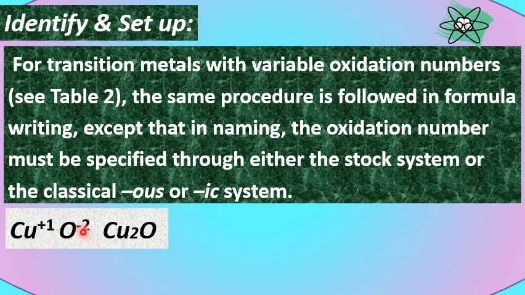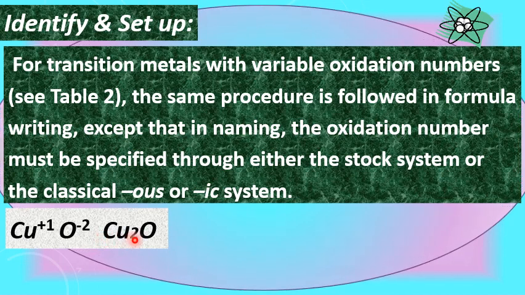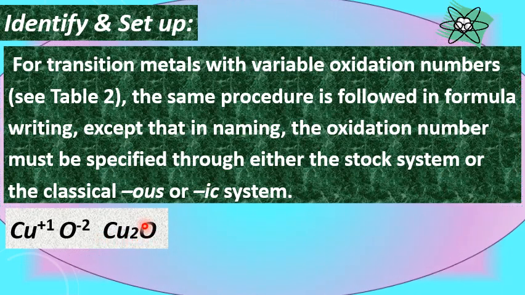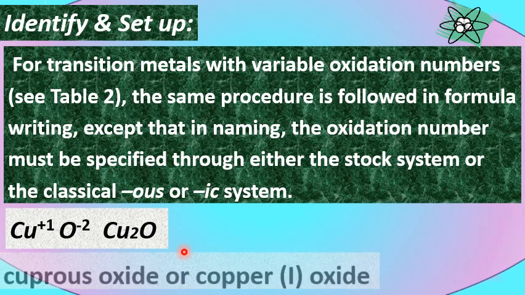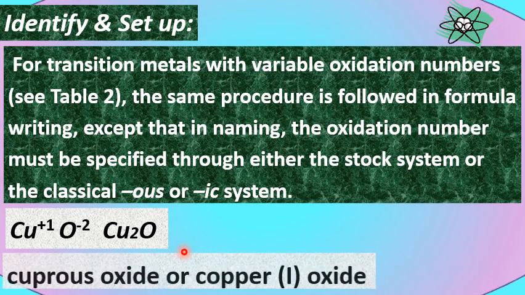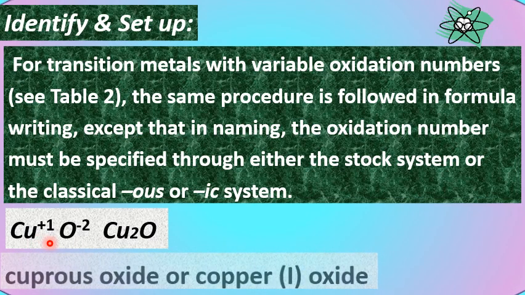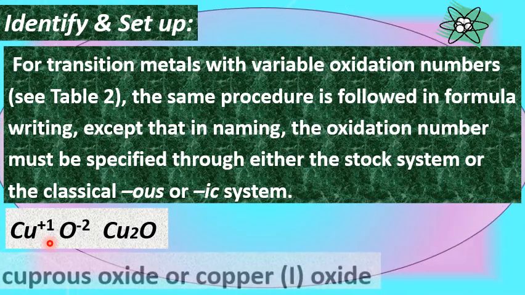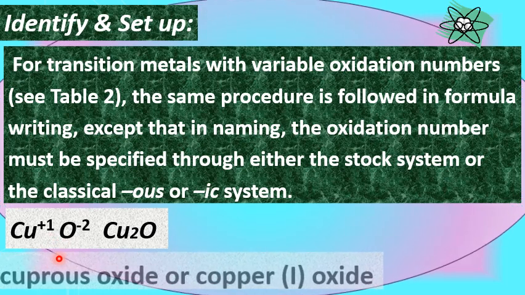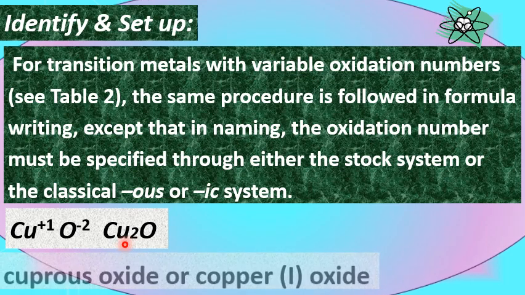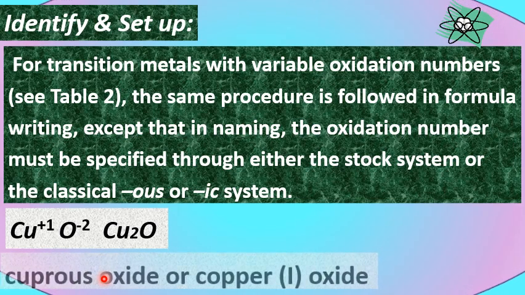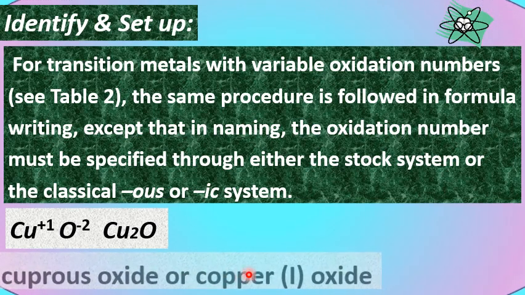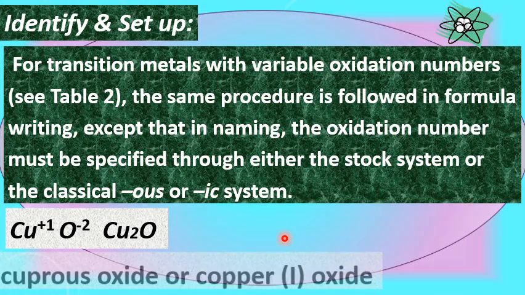And the combination produces the compound Cu subscript 2 O. Since the lower positive 1 charge of copper is used here, we read or write the compound as cuprous oxide in the classical system, or copper Roman numeral 1 oxide in the stock system.